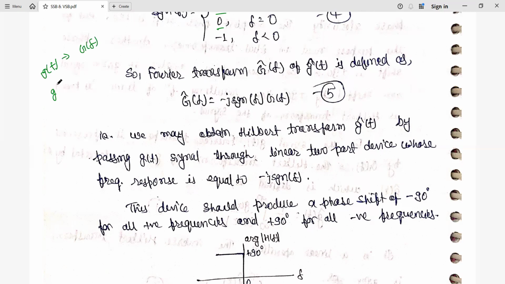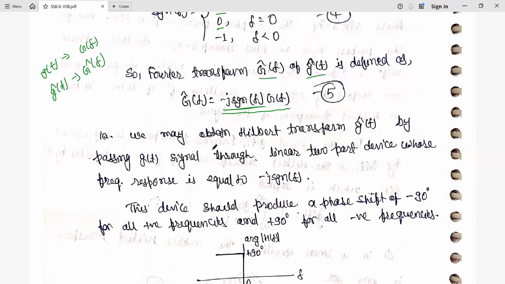And here we have g cap of t, so its Fourier transform will be written as g cap of f. G cap of f is the Fourier transform of g cap of t, which is defined as minus j signum of f into G of f. The signum function we have already seen, and this portion is equal to 1 by pi t.